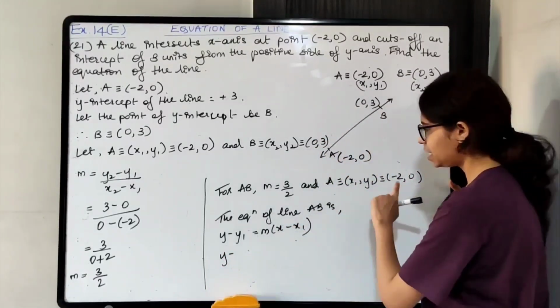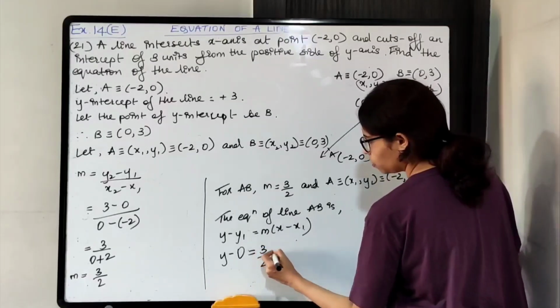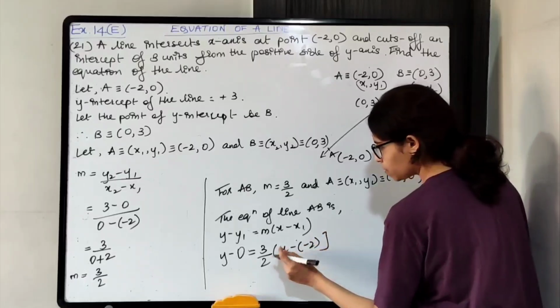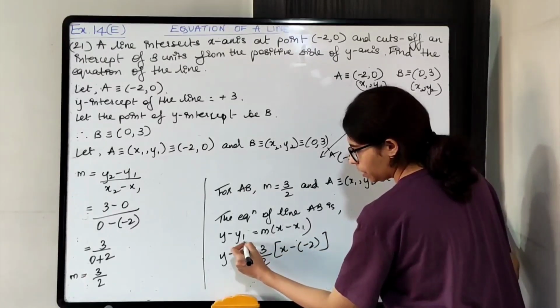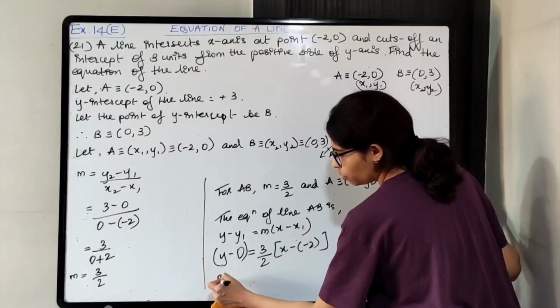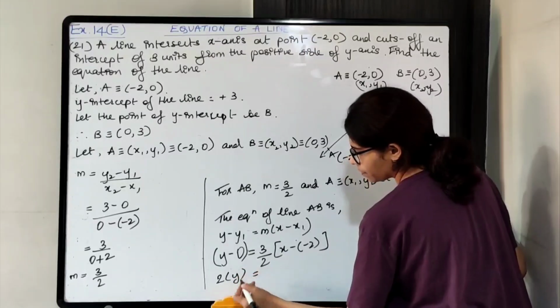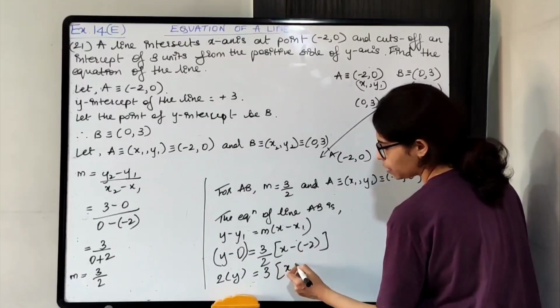y1 is 0, m is 3/2, x minus x1 is -2. So put box brackets outside because we have used round brackets inside. Put brackets here also because we'll shift 2. So 2 into y minus 0 is nothing but y. And 3 into minus minus becomes plus.